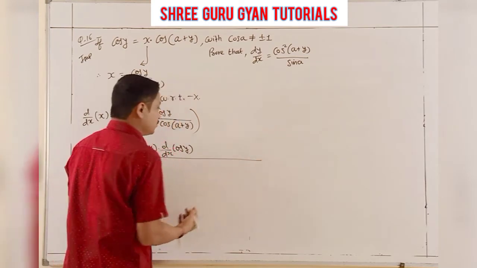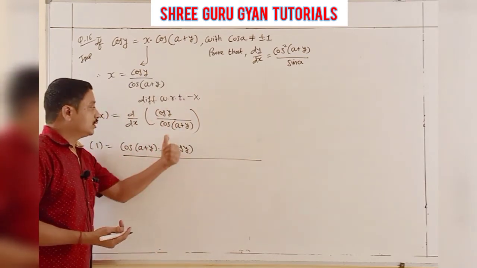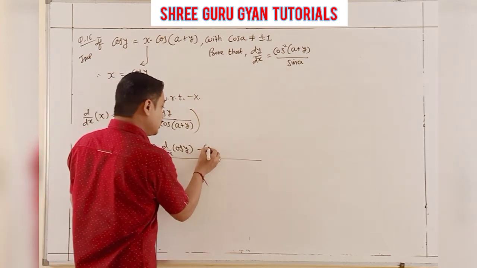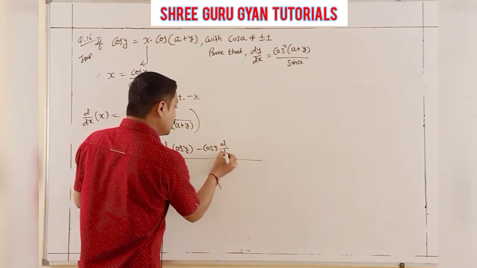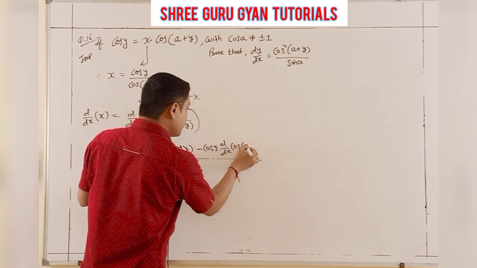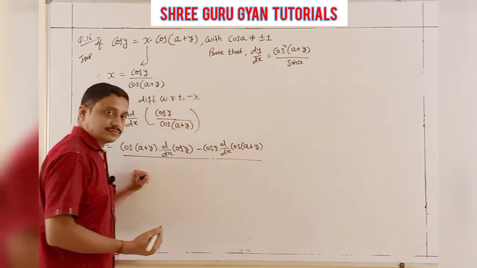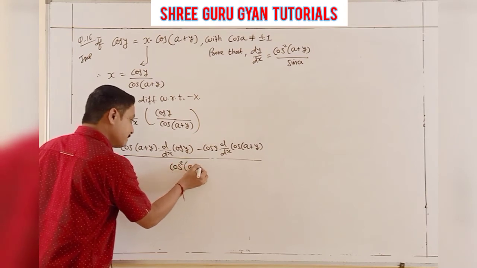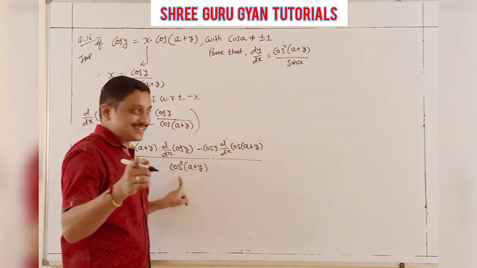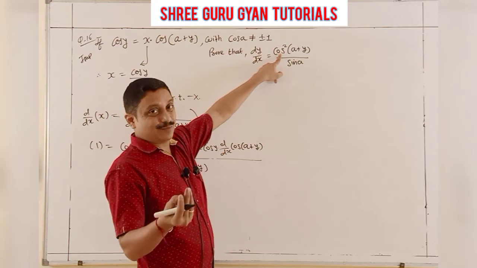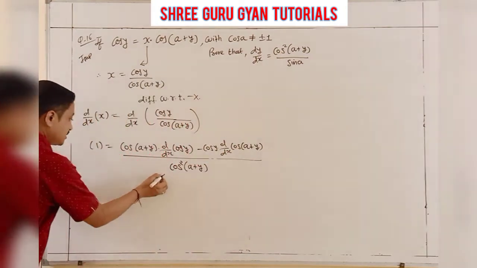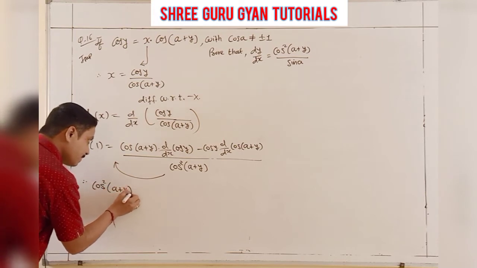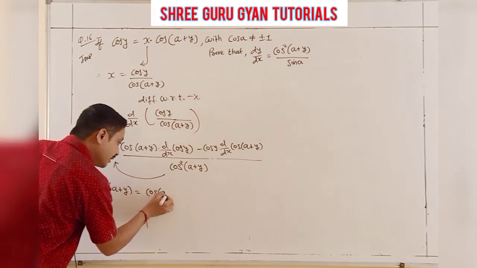Here denominator times d by dx of numerator, I apply the division rule: denominator times numerator derivative, minus numerator times denominator derivative, and upon denominator square. So this square is your answer, one of the parts. So these are multiplied here: cos square (A plus y), and here cos (A plus y).